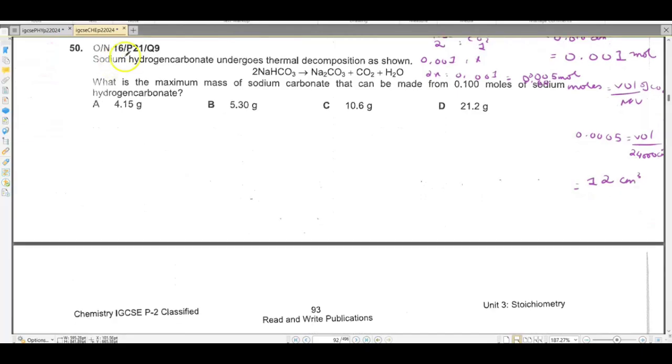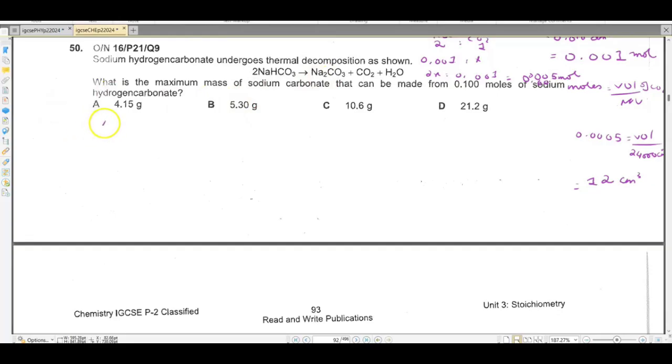Moving on to question number 50. Sodium hydrogen carbonate undergoes thermal decomposition as shown. What is the maximum mass of sodium carbonate that can be made from 0.100 moles of sodium hydrogen carbonate? We've been given moles, and we have to find the mass of sodium carbonate. So how are we going to do that?